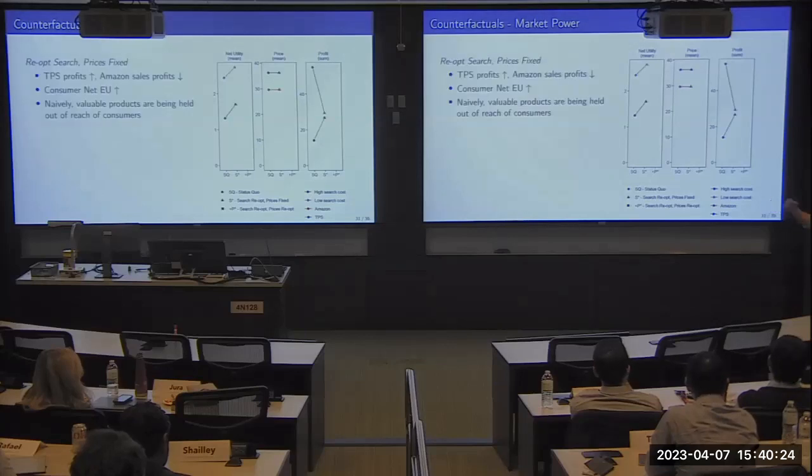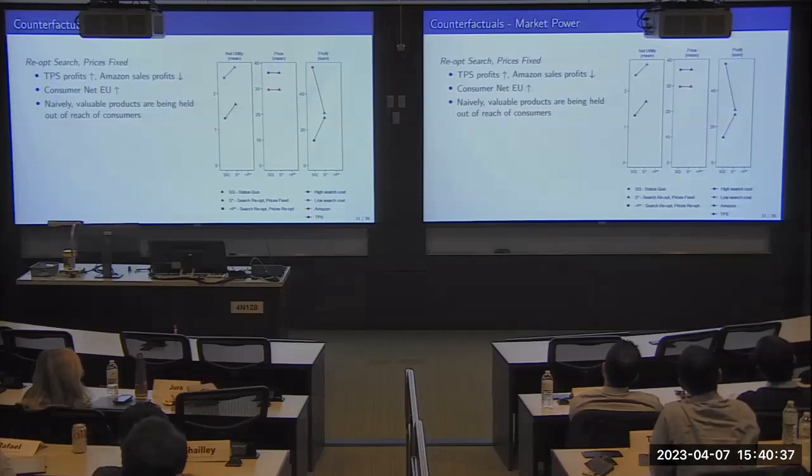If we implement the neutral arrangement where we randomize the product positions, but we keep prices fixed, what's going to happen is small business profits are going to go up and Amazon profits are going to go down. That makes sense because Amazon's getting worse positions, third-party sellers are getting better positions, and consumer utility is actually going to go up.